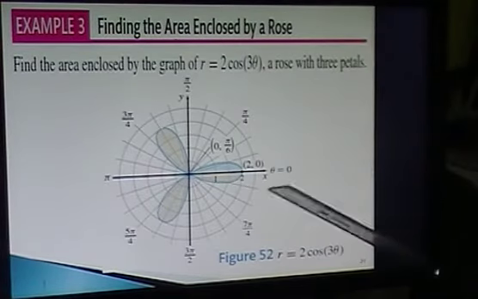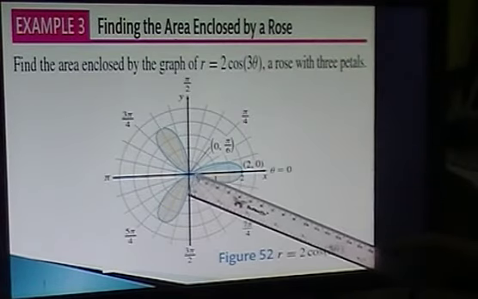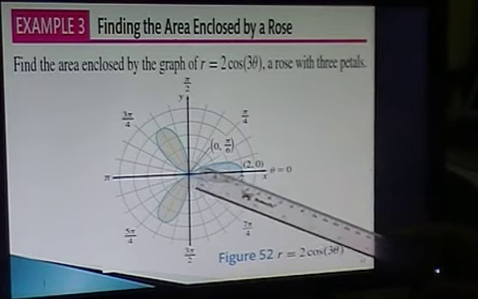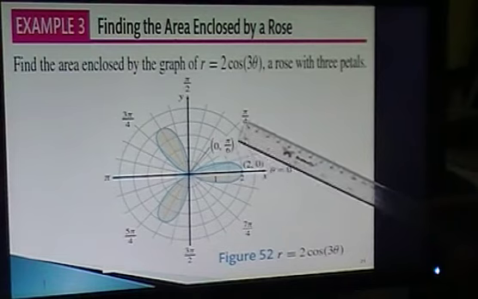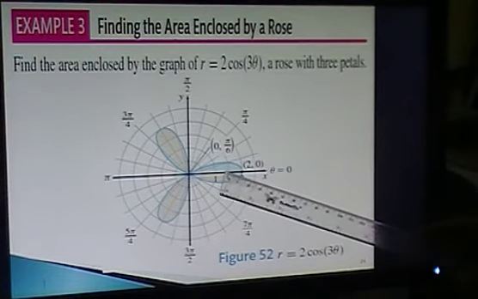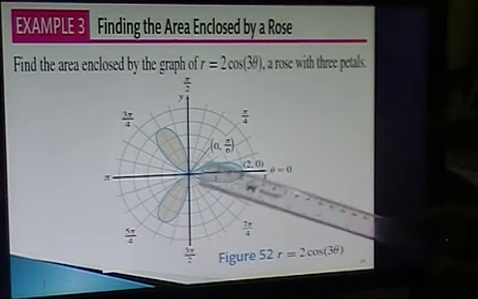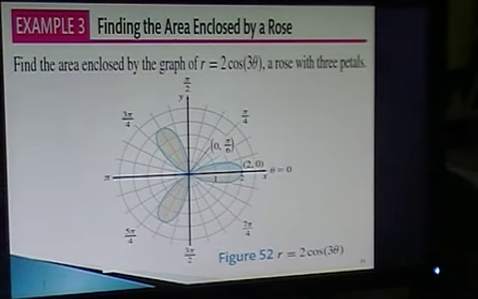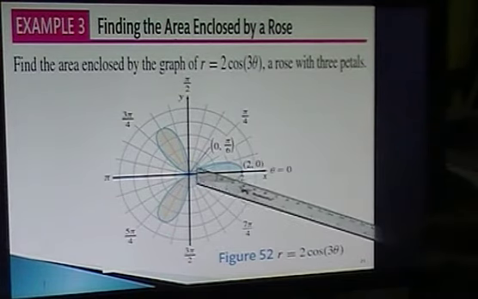But it is very important to find the angle in the first quadrant, according to the first petal in the first quadrant. How can we find the angle?